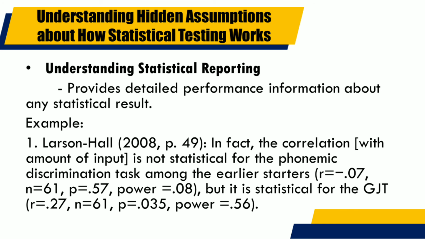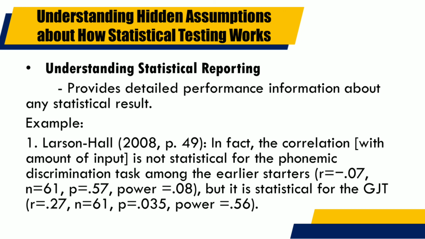Third question, what does the p equals 0.57 mean? P equals 0.57 means the probability of finding an R, or the result, this large or larger if the null hypothesis were true, is 57%. The last question is, the second reported correlation has a p-value less than 0.05, making it a statistical correlation.